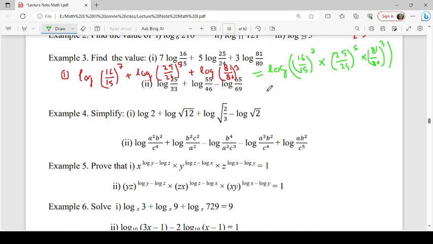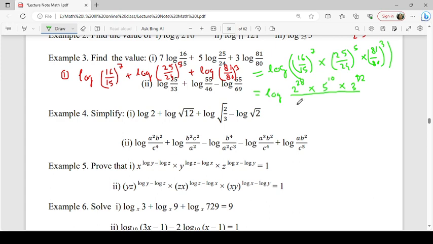Then we simplify these bracketed values, so log is here, then we write in terms of fractions. 16 means 2 to the power 4, to the power 7 it is 2 to the power 28. 25 means 5 square, so it is 5 to the power 10. 81 is 3 to the power 4, so it is 3 to the power 12.